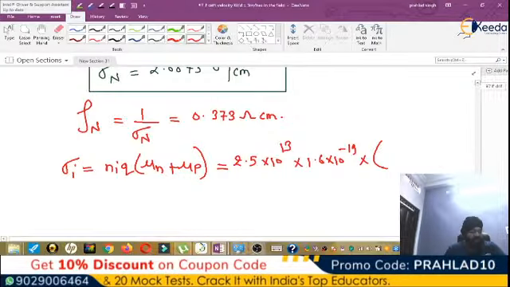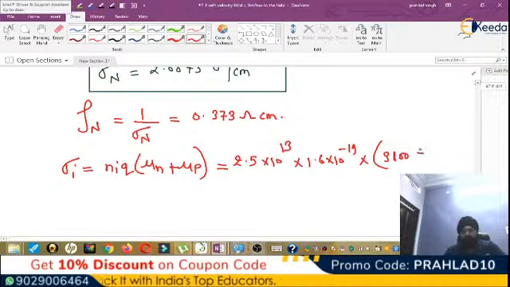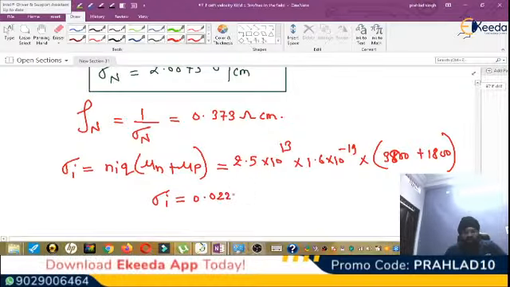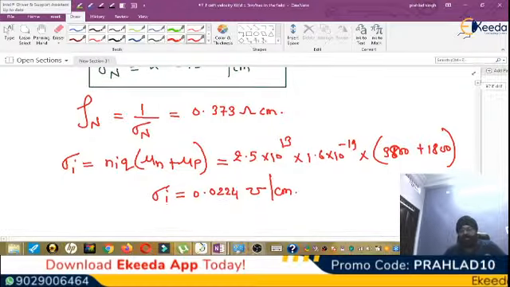Mu n plus mu p is 3800 plus 1800. So we will calculate sigma i, which is 0.0224 mho per centimeter.